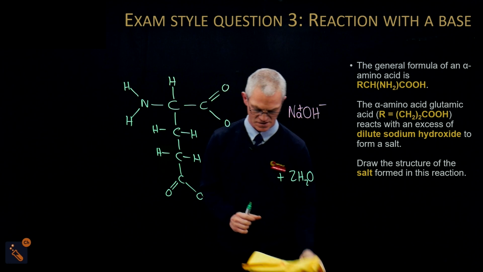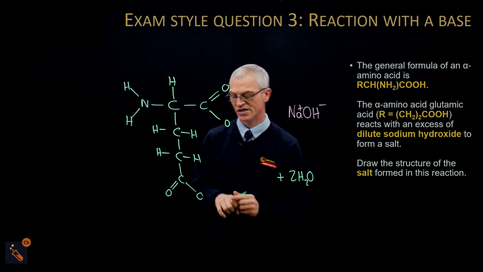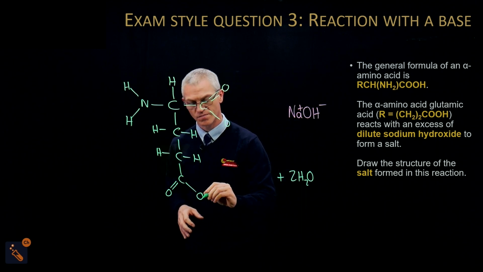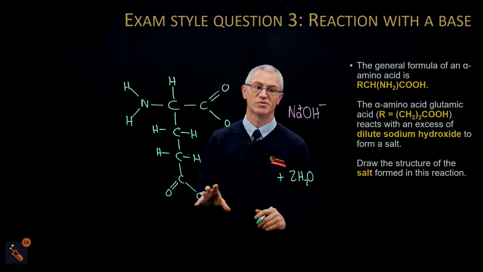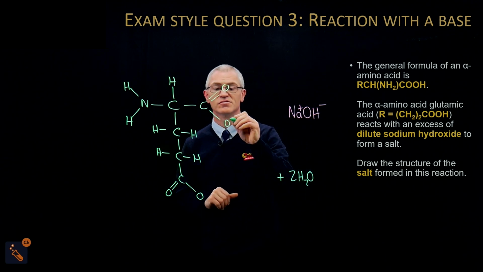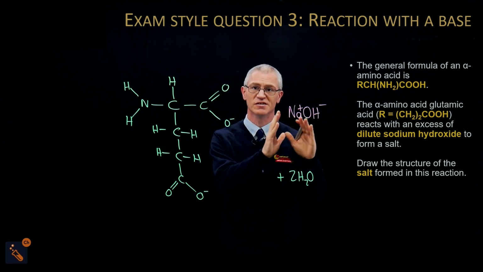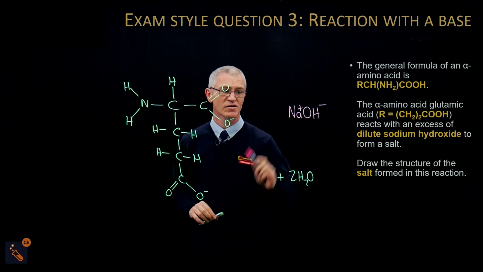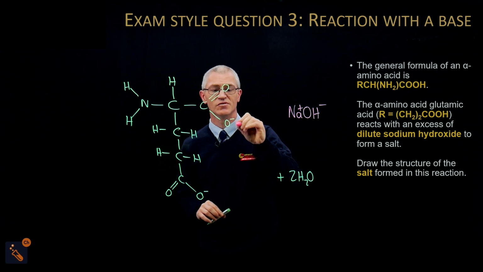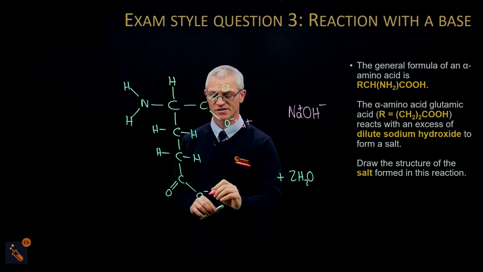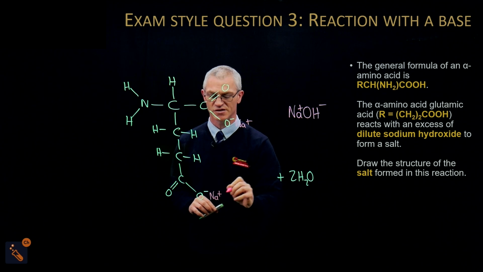So with the H gone, you've got the O's behind there, and the O's are negative because the H pluses have gone and donated. That means the O's are negative, and they're going to bond with the Na plus.